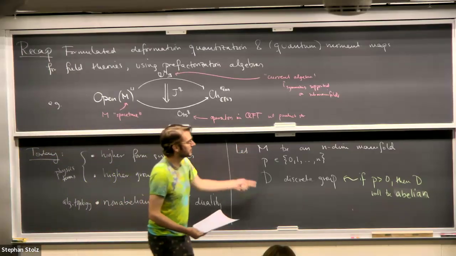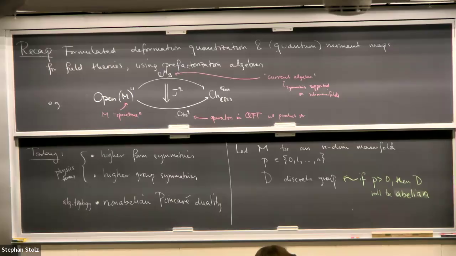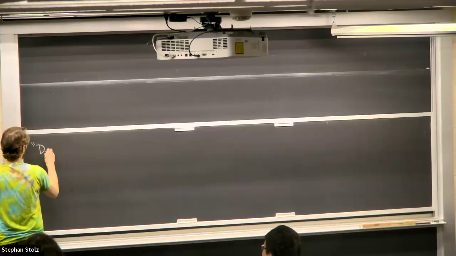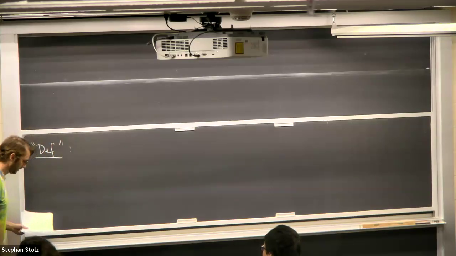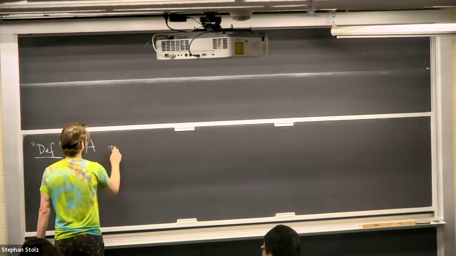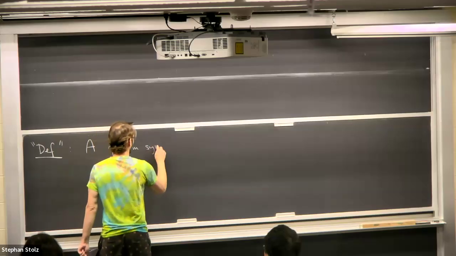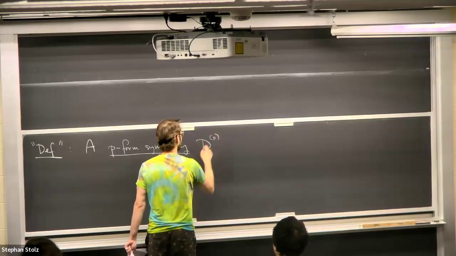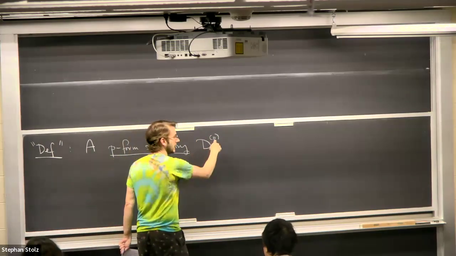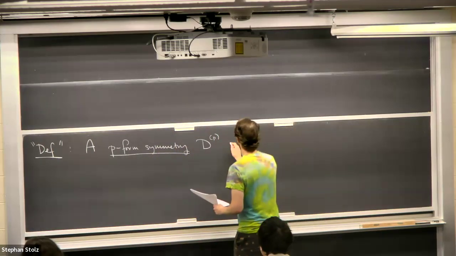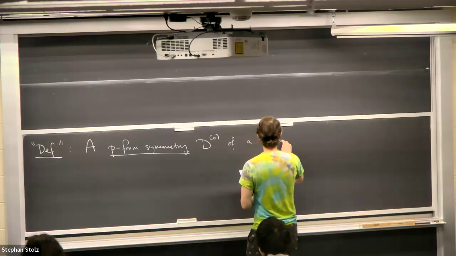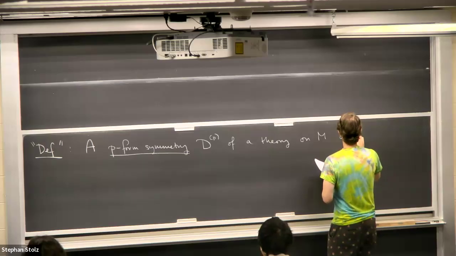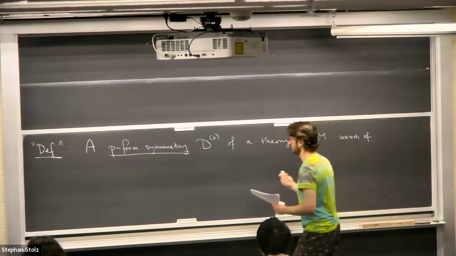So suppose I fix this data. Let me give you the definition of a higher form symmetry that you would read in a physics paper. A p-form symmetry, they often write something like this to remind you of the input group, of a theory on M consists of the following data.